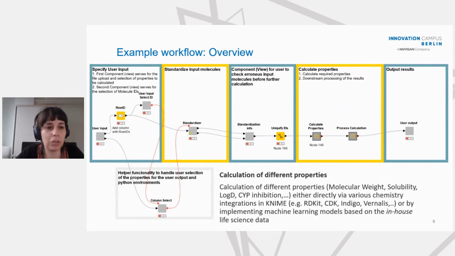So this is basically the overview of the several steps, just a general overview of how it looks in the backend, the workflow with all the steps depicted. As I already said, we calculate either some standard properties, such as molecular weight or number of hydrogen bond acceptors and donors, which are readily available via chemistry integrations.